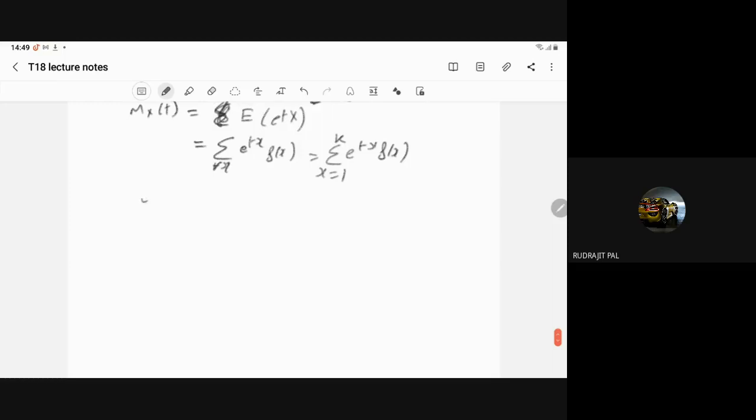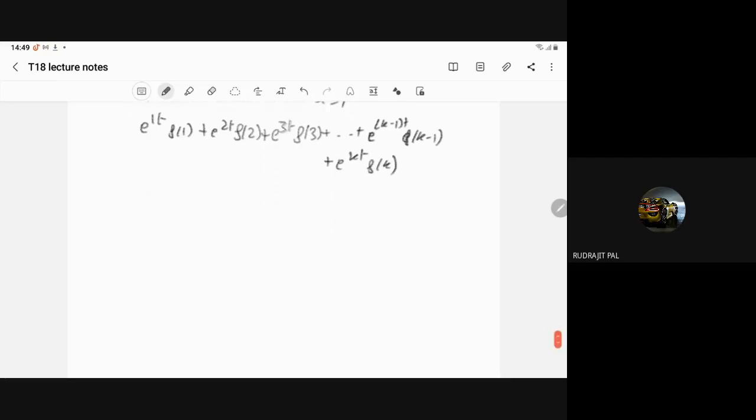So this can be written as e to the power t times f(1) plus e to the power 2t f(2), e to the power 3t f(3), and so on, plus e to the power (k minus 1)t f(k minus 1) plus e to the power kt f(k). And f(1), f(2), f(3), up to f(k) are all 1 by k.